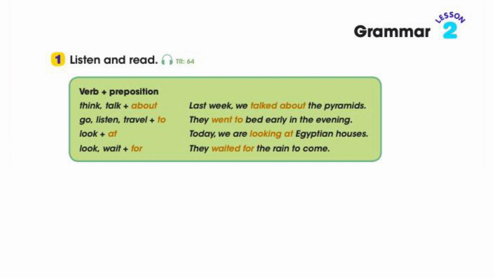Go, listen, travel plus to. They went to bed early in the evening. Look plus at. Today, we are looking at Egyptian houses. Look, wait plus for. They waited for the rain to come.